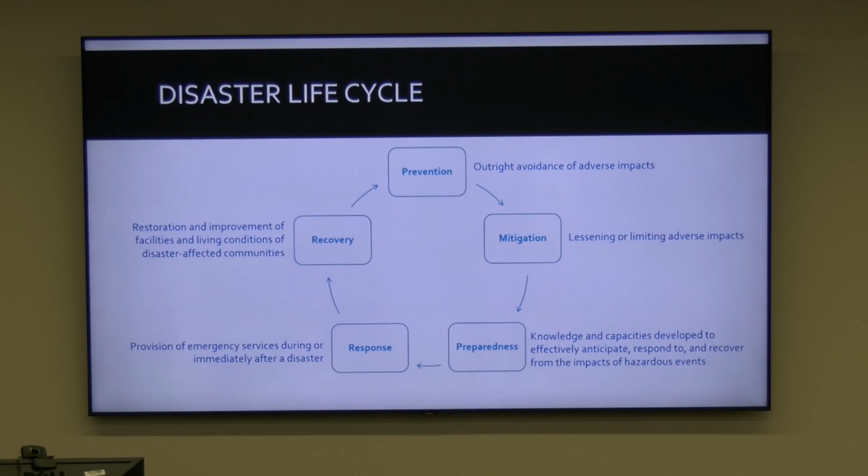Preparedness would be having a system in place for when hurricanes do happen. Response would be during or after the hurricane hits, what you're going to do about it. And recovery would be making sure that the community is able to bounce back after a hurricane hits and the disaster has been completed.